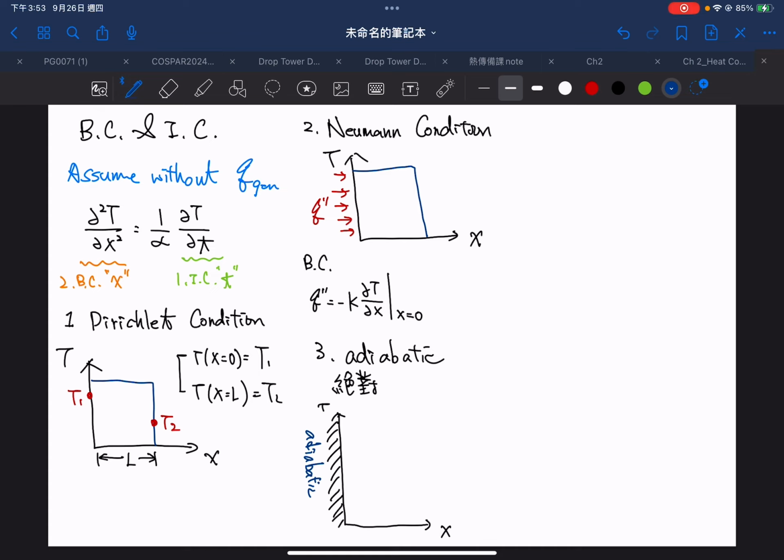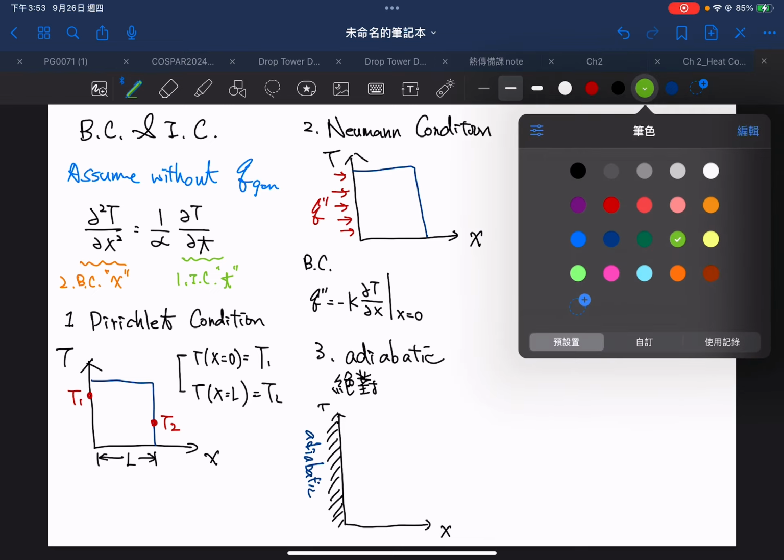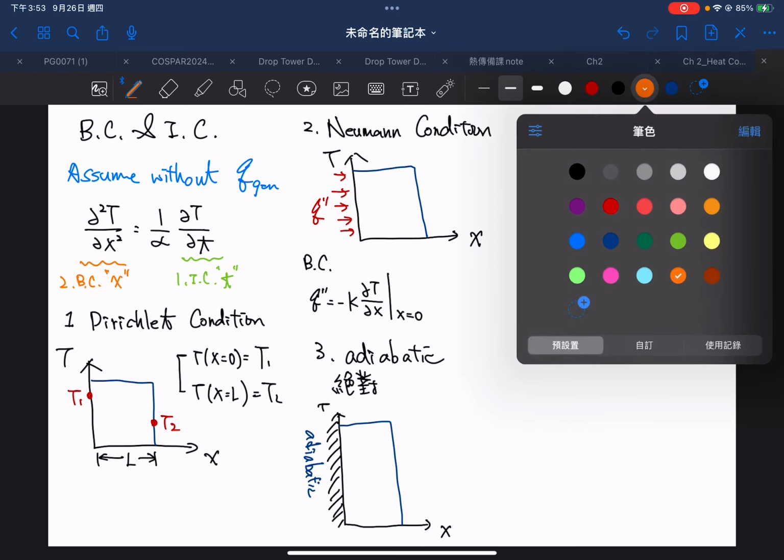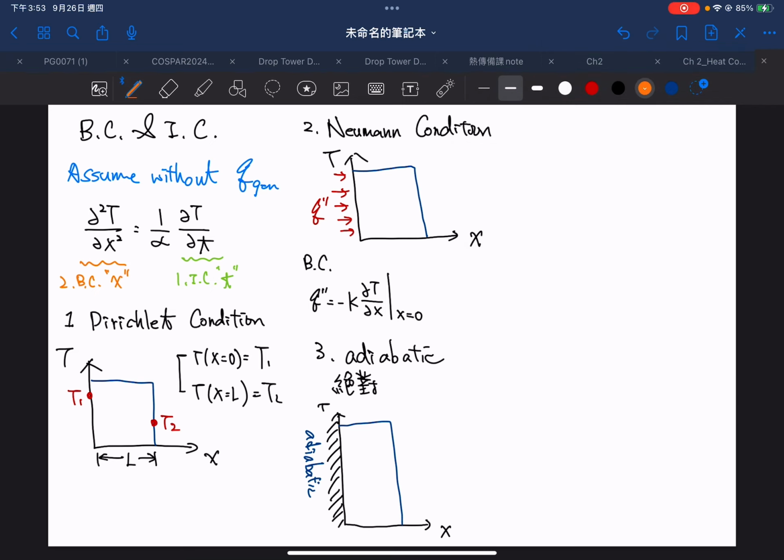Okay, so this one is slightly complicated, but if you imagine there's a wall as well, then you want to know what's the temperature on this surface and on the other surface. The temperature profile could look like this, right?